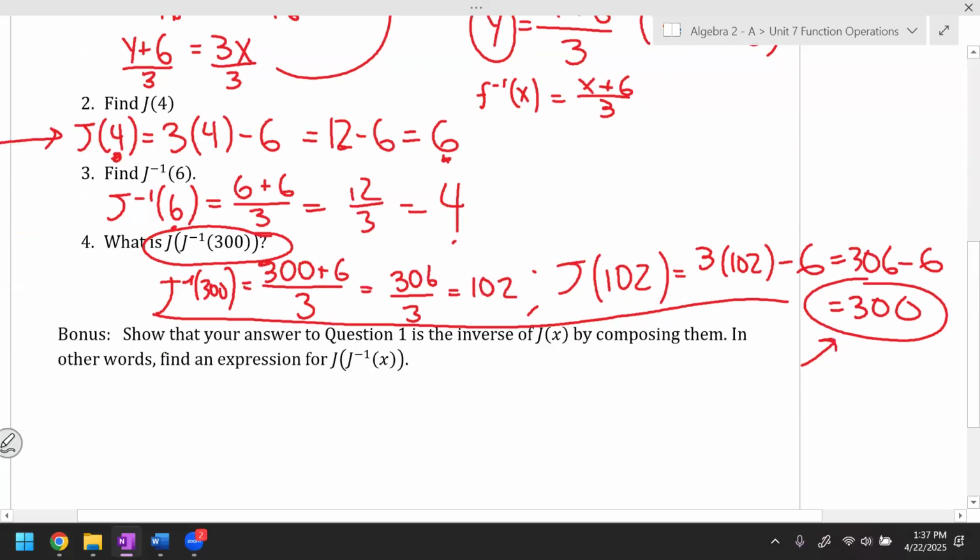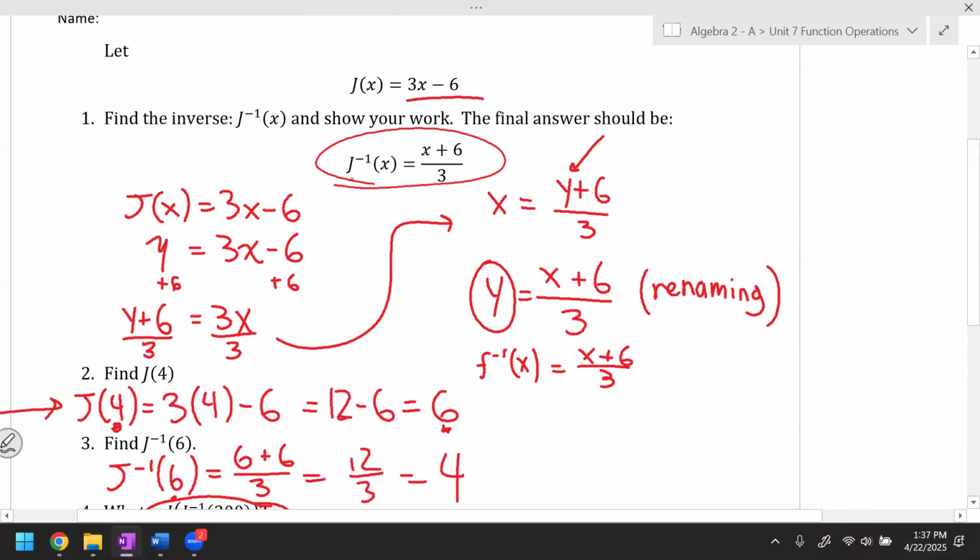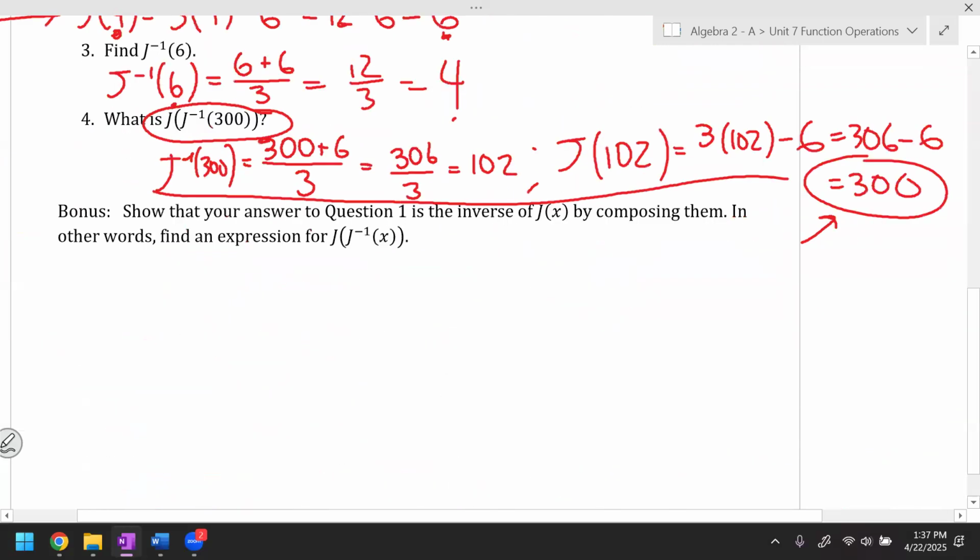As a bonus, right? As a bonus, can we confirm why this expression and this expression are inverses? Okay. In other words, let's find an expression for j of j inverse of x.